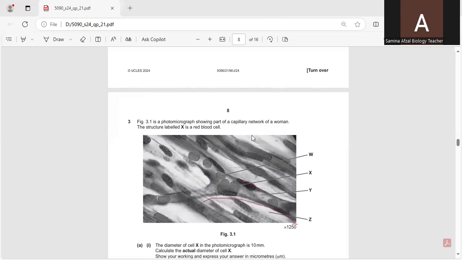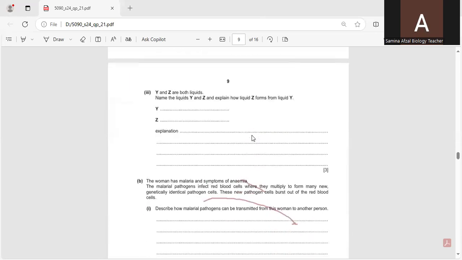So we will write the answer over here. That is, Y is blood plasma, and Z is the tissue fluid.